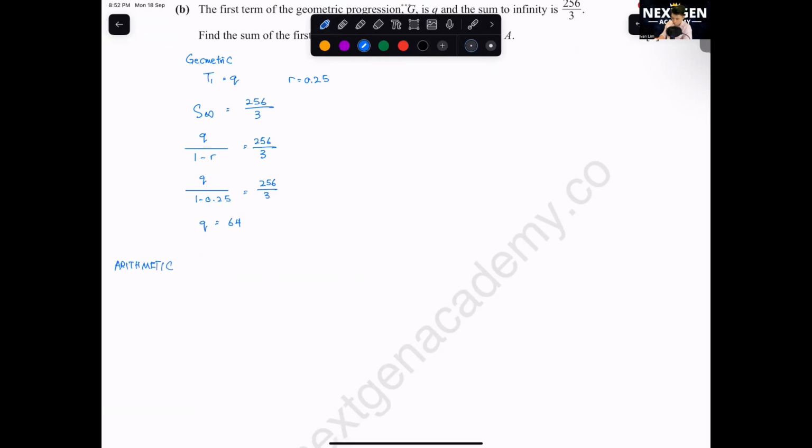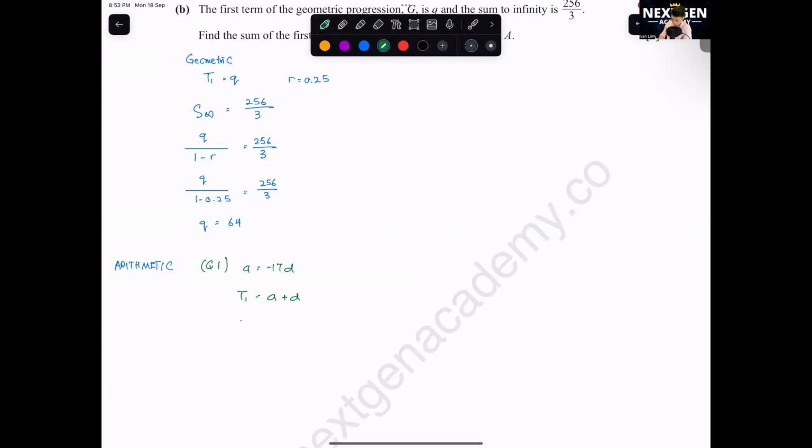You go back to question 1. What did we find just now? They give us A equals negative 17D. They also say that T1 is equal to A plus D. What is term 1? Term 1, based on the geometric, is Q, right?